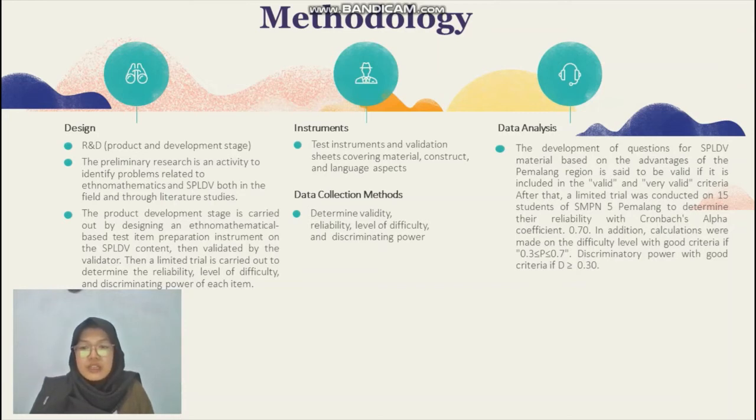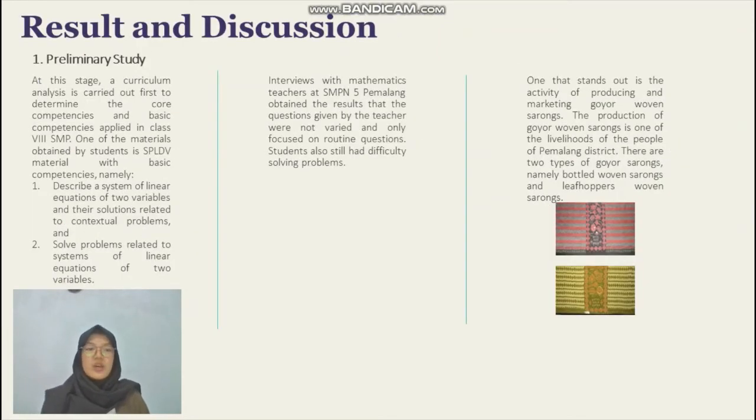And the difficulty level with good criteria if between 0.3 and 0.7. And then the last, discriminating power with good criteria if more than 0.3.